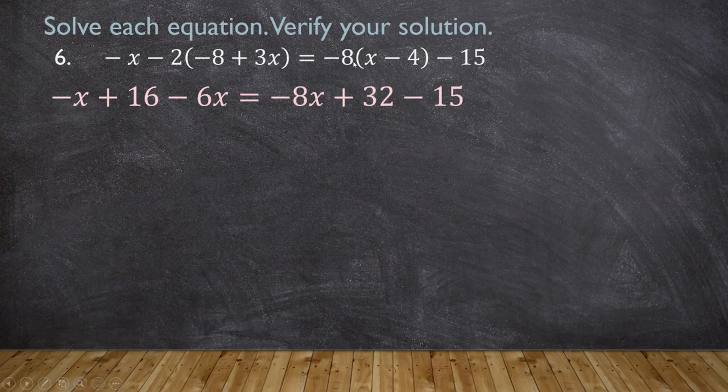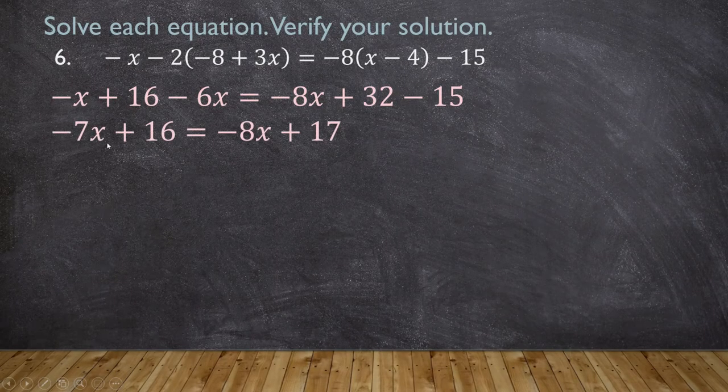On this side, we're distributing -8, so -8 times x gives us negative 8x, and then -8 times -4 gives us positive 32. Remember, a negative times a negative is positive. Next, we'll combine like terms. Negative x minus 6x gives us negative 7x. On the right-hand side, 32 minus 15 gives us 17.